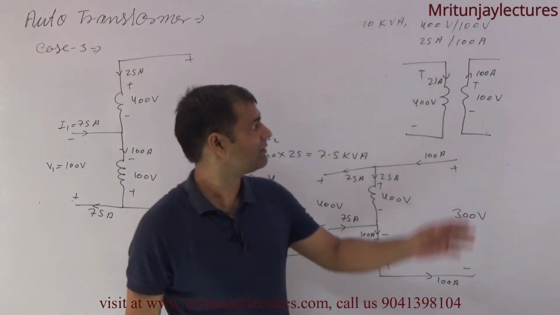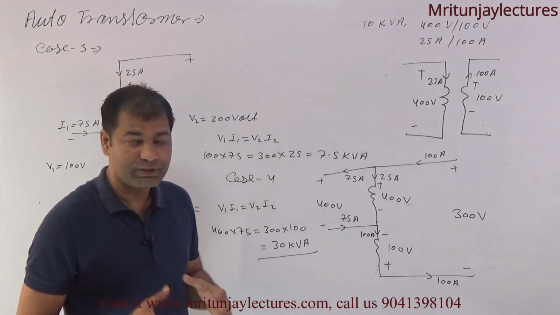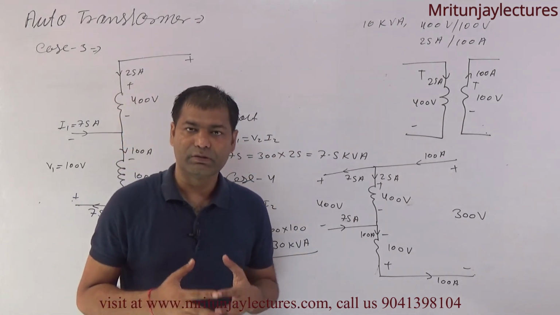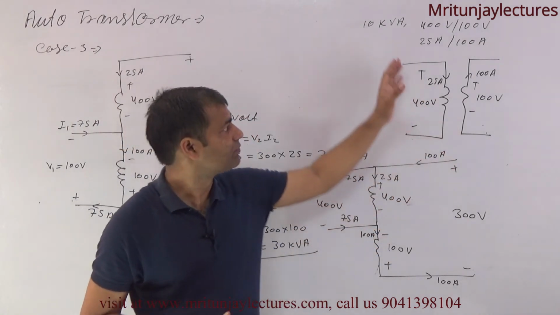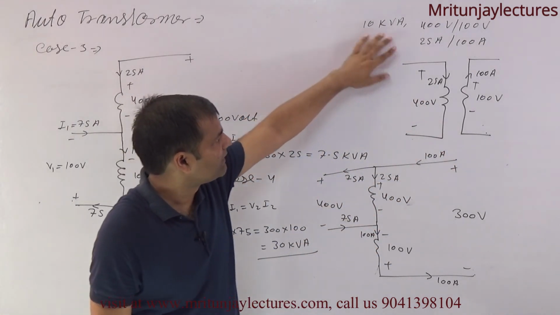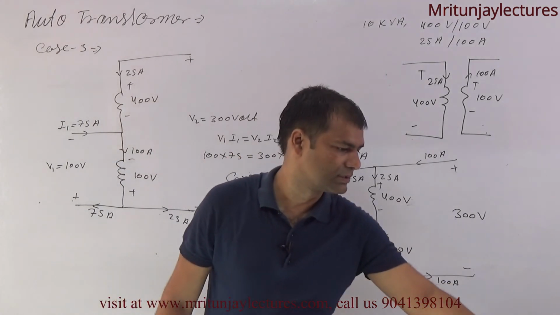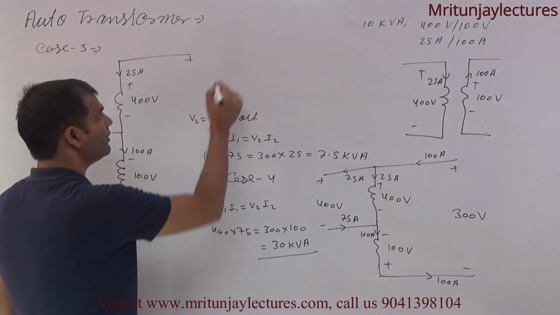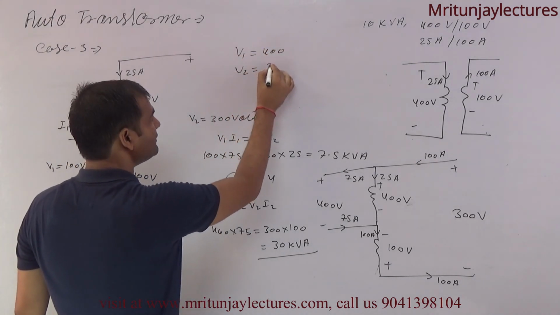If a two winding transformer like this one is given, we create an auto transformer. Sometimes questions are asked corresponding to this. Suppose a two winding transformer is given like this one, and the question says the primary side is 400 and the secondary side is 300.